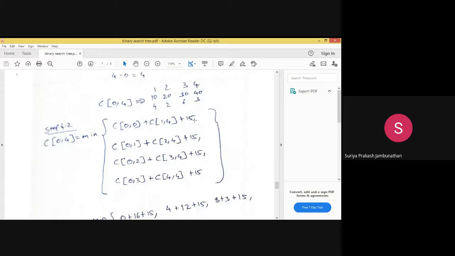C of i is 0, 4 plus 15. C of k comma 4, that is k comma j, that is 3 plus 15.